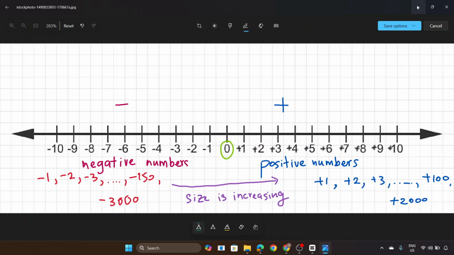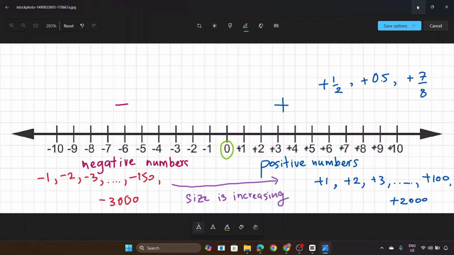So we can apply this concept to fractions as well as decimals. As examples for positive fractions and decimals, we can write positive 1/2, positive 0.5, positive 7/8. Likewise, we can write fractions and decimals with a positive sign.